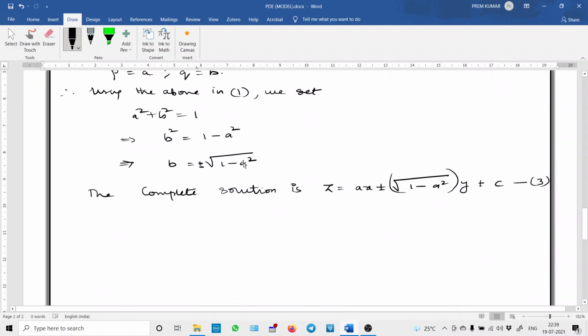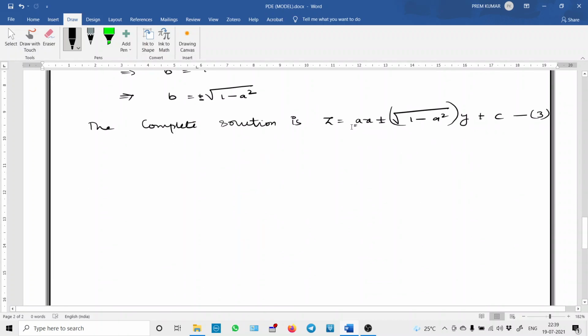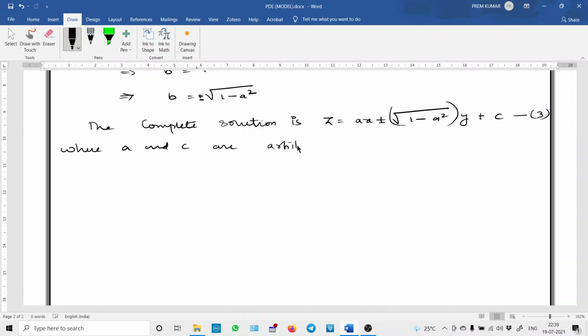This is the complete solution because it contains only two parameters, a and c. The number of independent constants is also 2. So that is the definition of a complete solution, where a and c are arbitrary constants.